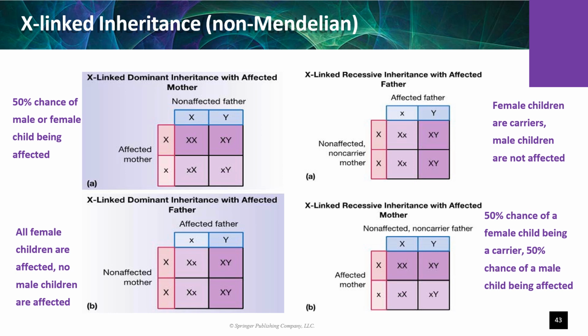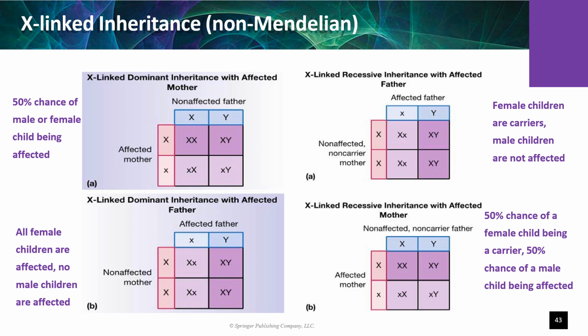A heterozygous mother will have the phenotype of the disorder and a 50% chance of passing it to each child in A. If the father has the disorder, then there is a 50% chance of passing the disorder to the female child in B.